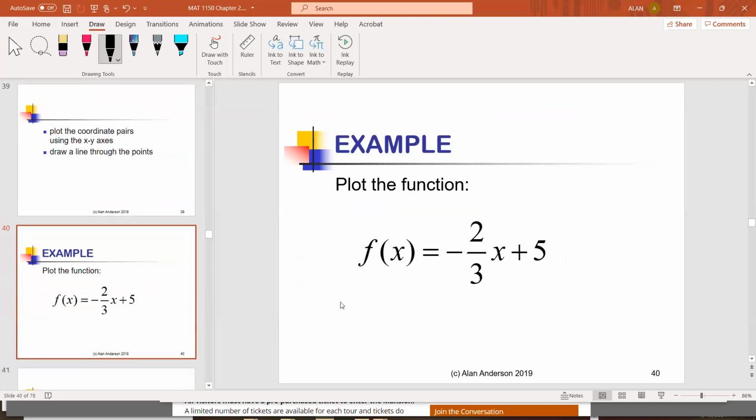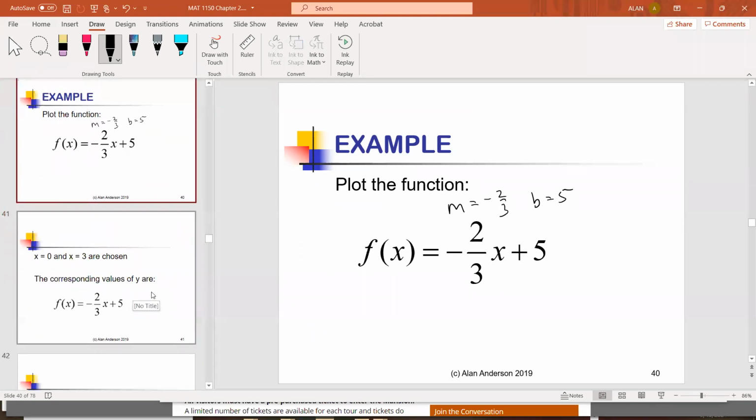So, all right, let me show you how this works. Here's your function. Now, clearly, the slope is negative 2/3. And the intercept is 5. So let's just say that we arbitrarily choose the values of x. X1 is 0. X2 is 3.